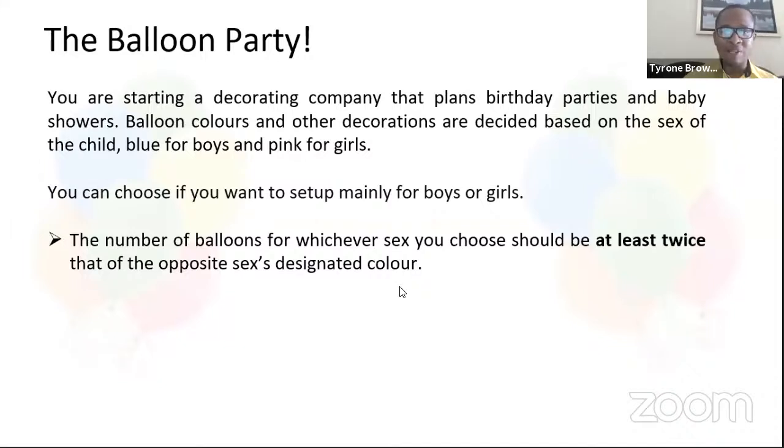Meaning that if we are setting up a party for boys, the number of blue balloons must be twice the amount of pink balloons that we have for girls. And if we are planning for girls, then the number of pink balloons must be at least twice the number of blue balloons that we have for the boys.